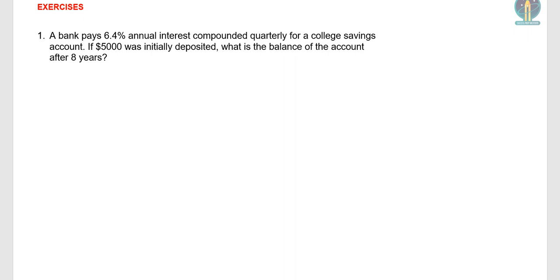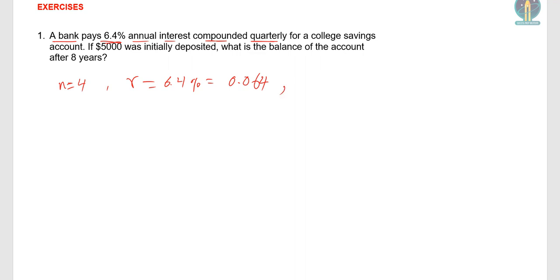Okay, so a bank pays 6.4% annual interest, compounded quarterly. So my n is equal to 4 because it's compounded 4 times per year. The interest rate is 6.4%, which is 0.064 as a decimal.